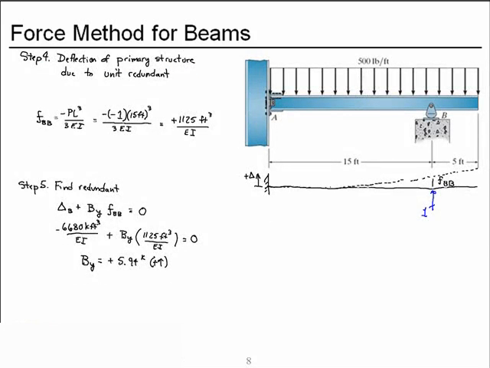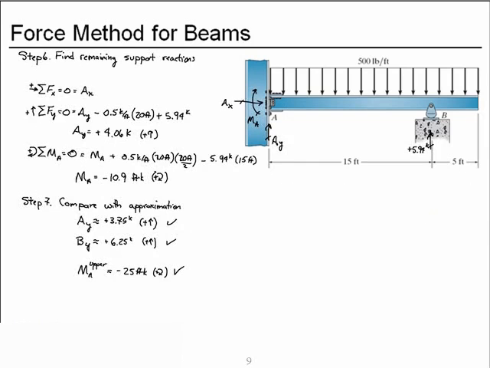We then used that flexibility coefficient along with the deflection we calculated for the cantilever under the uniform distributed load in our compatibility equation, and we calculated the vertical reaction at B. We then used our three equations of equilibrium to find the three remaining support reactions. We compared them with our approximation and found that our results are indeed reasonable. Well done.